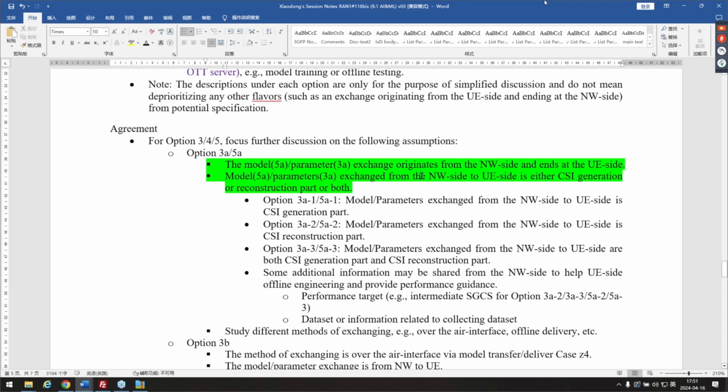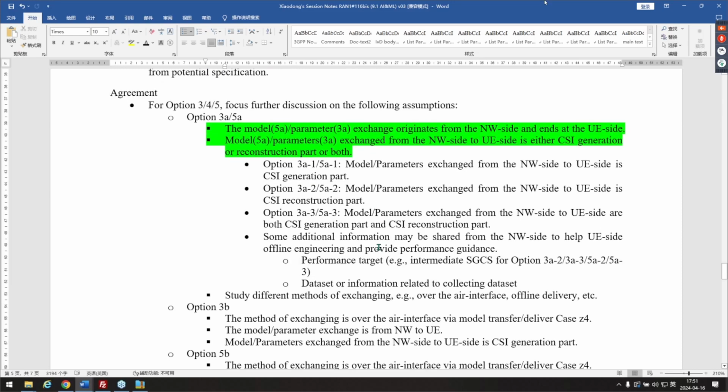The last, some additional information for that bullet. We would not like to directly state at this stage that they are directly shared from network side to UE side. We would like to state to study whether some additional information may need to be shared from network side to UE side. It is just for us how to organize the discussion.